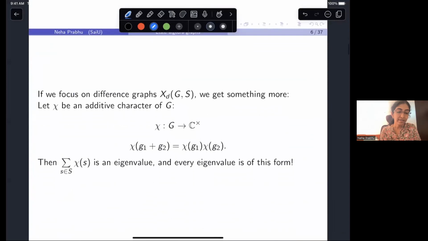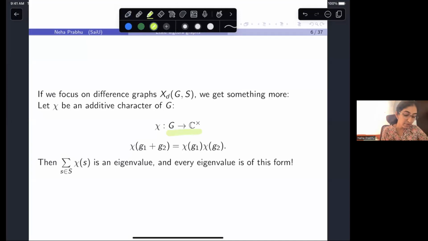The property I just told you gives you one eigenvalue. That's true for any regular graph, no matter what it is. But we have more structure. We know that our graph comes from this particular group, and it turns out that the characters of G give you the eigenvalues. How does that happen? You take any character. A character is nothing but a group homomorphism from G to C cross.